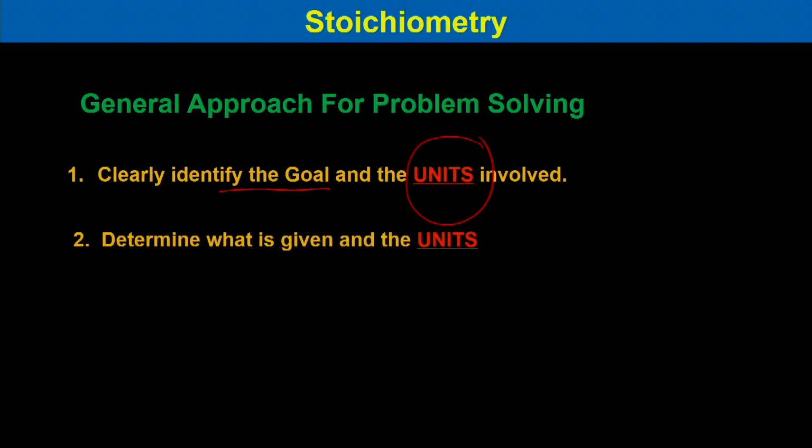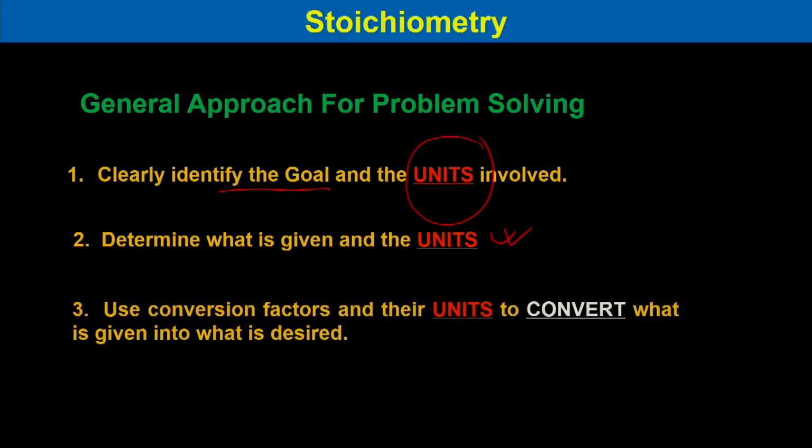The second step is to determine what is given and its units. And the third is to use the conversion factors, based on their units, to convert what is given into what is desired. We must be careful about this while solving problems in stoichiometry or any other problem.